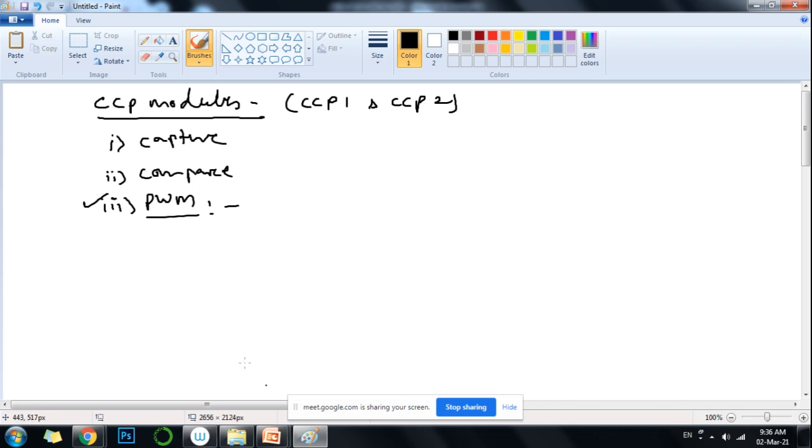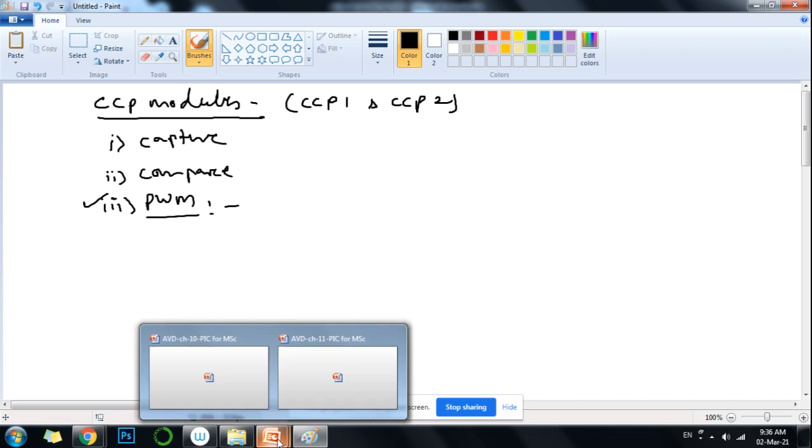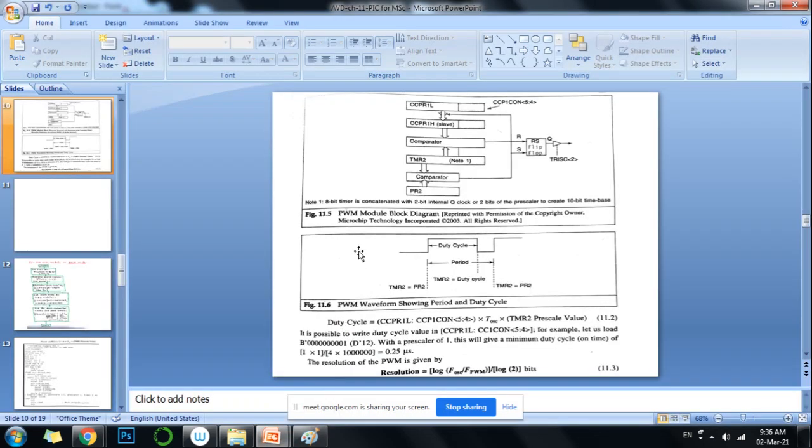In this mode, actually this unit generates PWM signal, pulse width modulated signal. Okay, so you can see the block diagram here. Again there is a pin associated with that CCP module. That pin should be configured as output pin, and then at that pin this unit will generate a PWM signal.